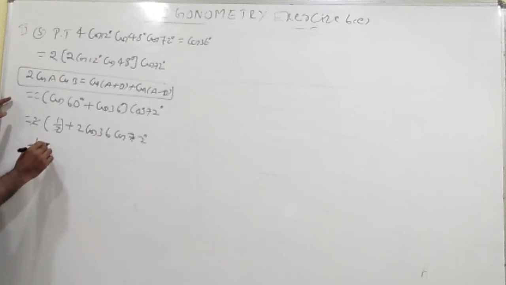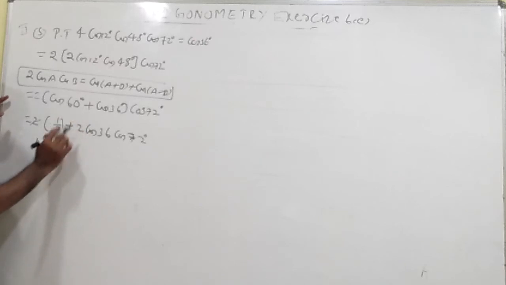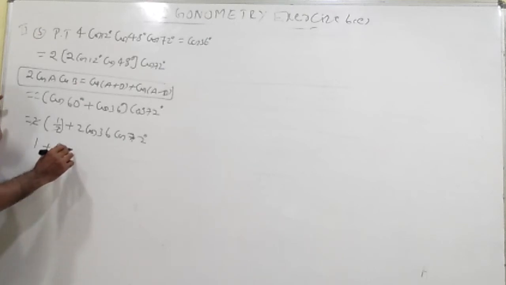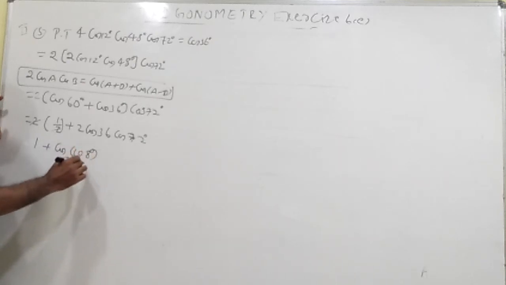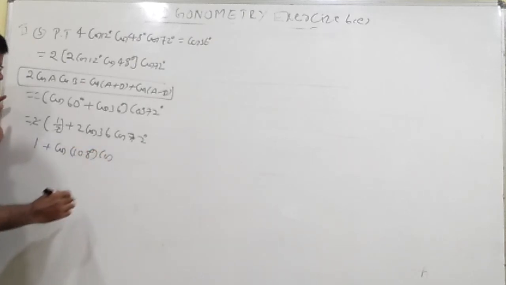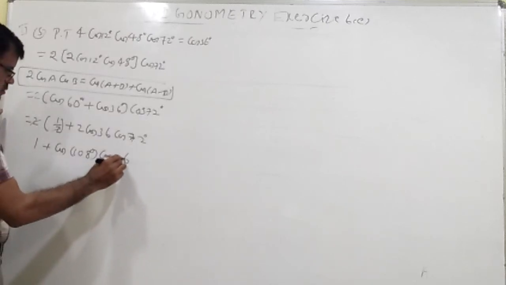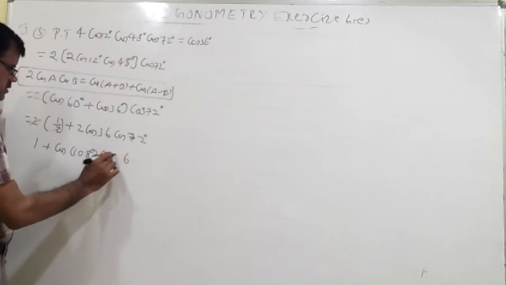Correct. Now again apply the formula 2 cos A cos B. Now cos 36 plus 72, 108, into cos 36 minus 72, 36.